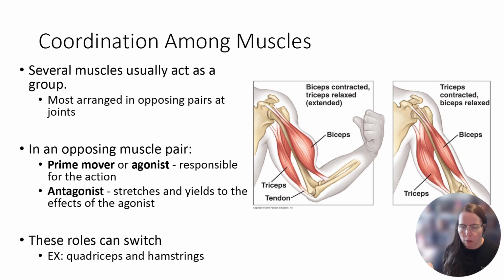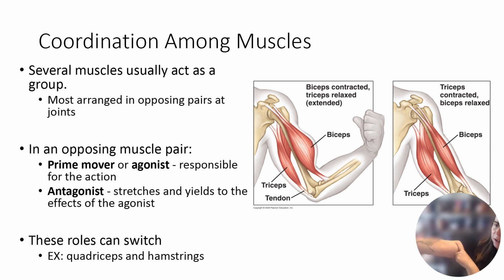Now, the first two arrangements I want to talk about are a pair of muscles called a prime mover or agonist and an antagonist. So in this relationship, you're going to have one muscle that will activate and one muscle that will, in that moment, relax to perform the action. So back to our bicep. If I want to flex my elbow, okay, in this state, my triceps are activated because my elbow is extended.